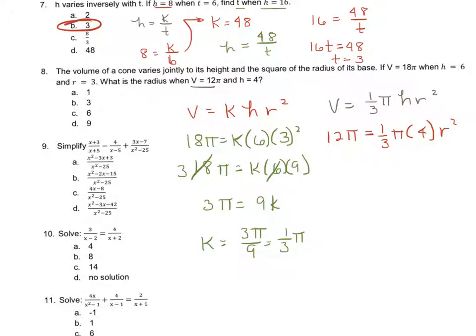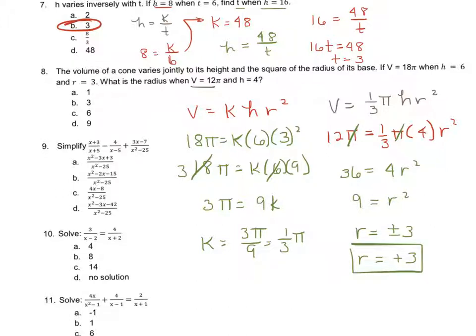So to simplify this, I would first divide away the pi from both sides. I'm going to multiply by 3 on both sides to get rid of that fraction. I'll divide by 4, and then I'll square root it to get r is plus or minus 3, but r is a radius, and radiuses are always positive in measure. So r would be 3.